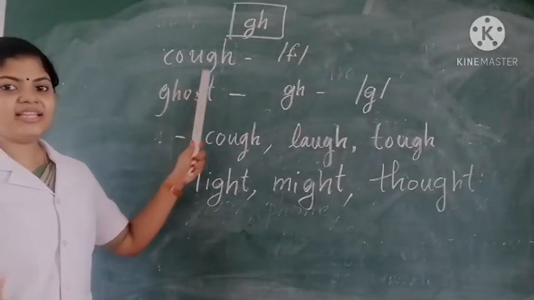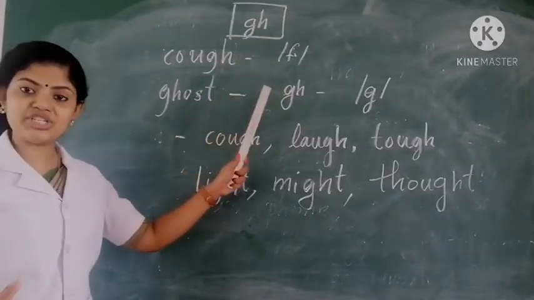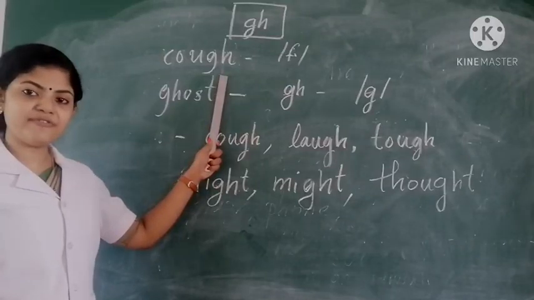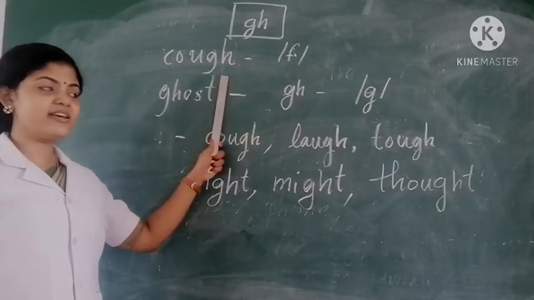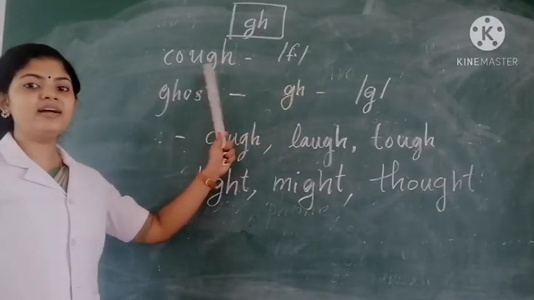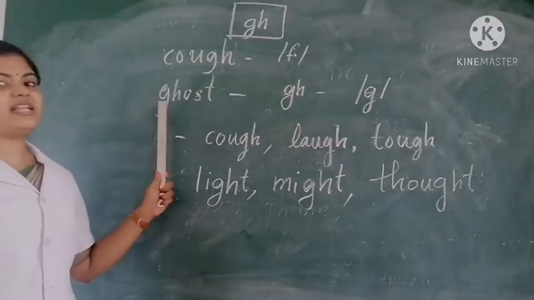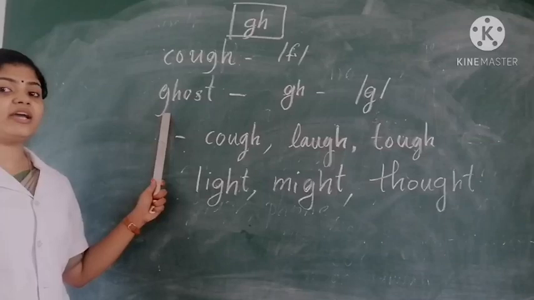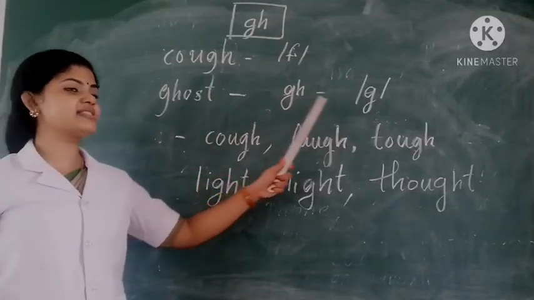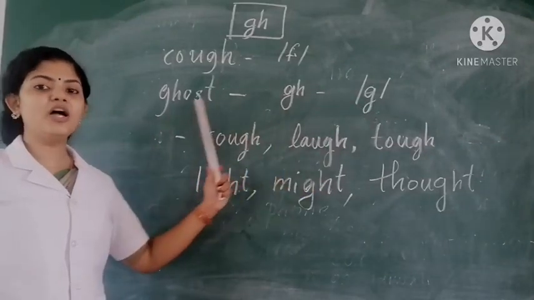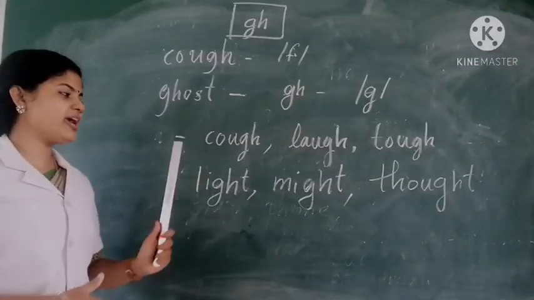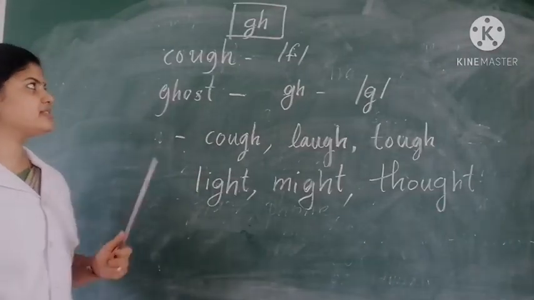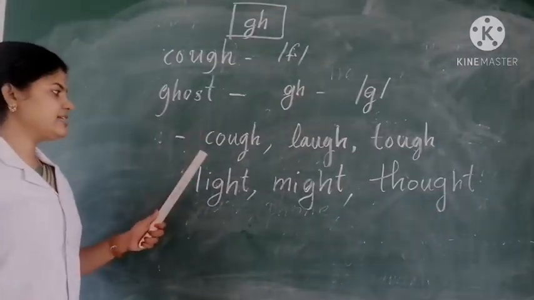Okay, so when these letters G and H come at the end of a word, we pronounce it as F. For example, cuff. When these letters G and H come at the beginning of a word, we pronounce it as G. For example, ghost. Okay, you can see some other examples using these letters.